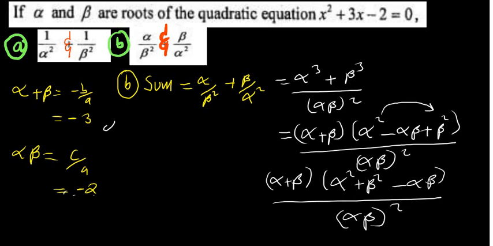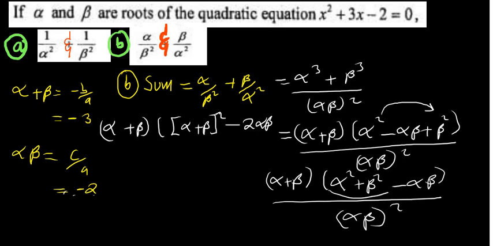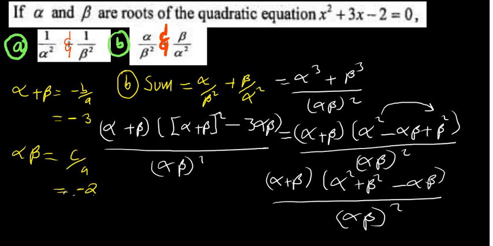So this will give us alpha plus beta squared minus 2 alpha beta. This represents this portion, but remember we also have a minus alpha beta. So minus 2 alpha beta minus alpha beta will give us minus 3 alpha beta. In the denominator we still have alpha beta squared.